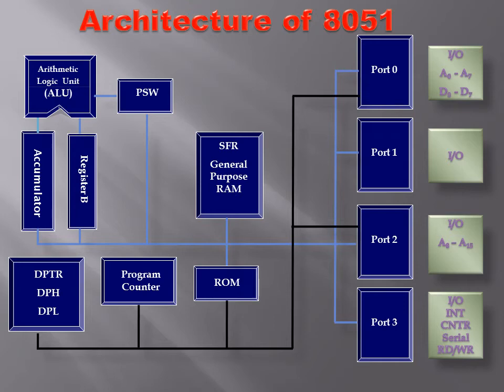We see that port 1 is a simple I/O port, and port 3 is not only an I/O port but also has additional features like interrupt control or serial data read write operations.